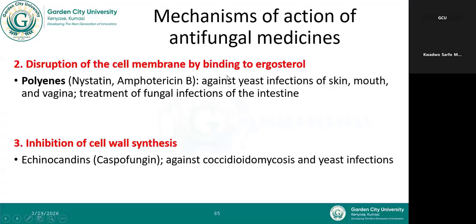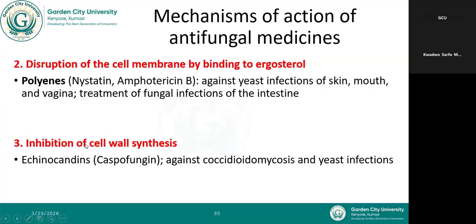Then we have those that also target the same ergosterol, but here they disrupt the cell membrane by binding to it. For example, we have the polyenes, amphotericin B and nystatin, and these are mostly also for yeast infections of the skin, the mouth, and the vagina, and for intestinal infections that are of fungal origin.